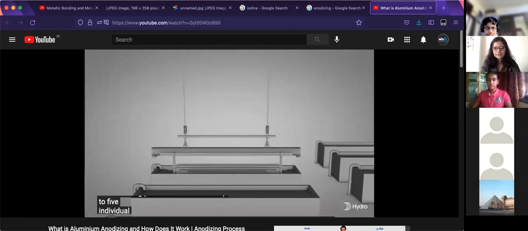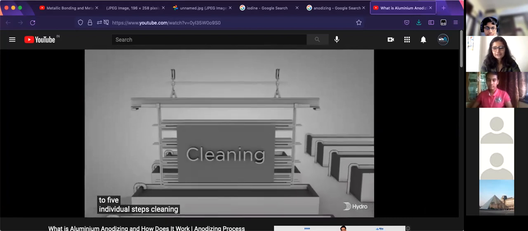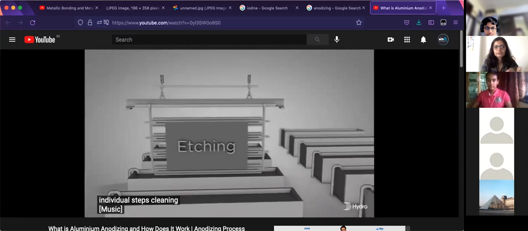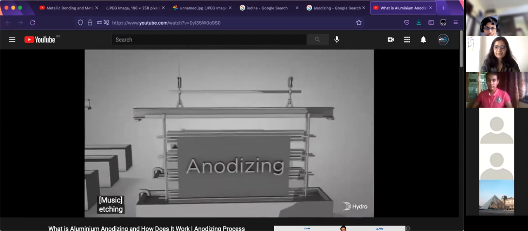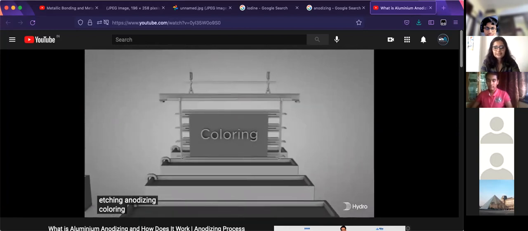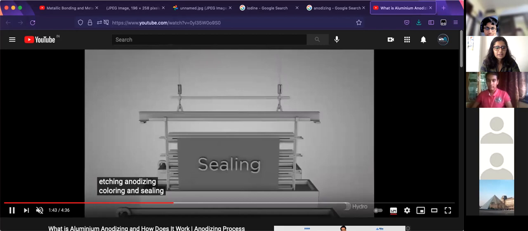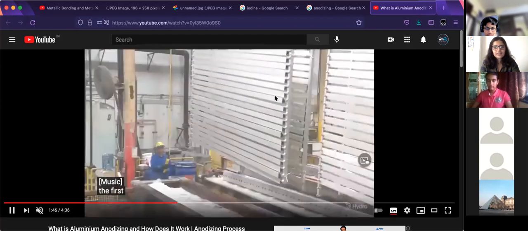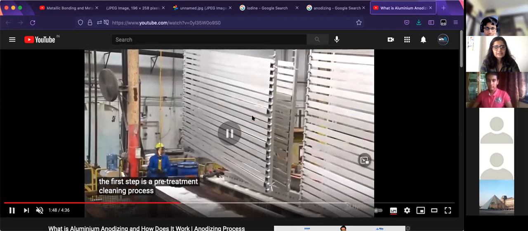This is an animation of the process. So first you clean it up because you don't want any impurities. And then you do etching, and then you do anodizing, and then you can do this thing. Now I'm not playing the audio. If you guys are interested, this contains details of a lot of things that you might not have come across.